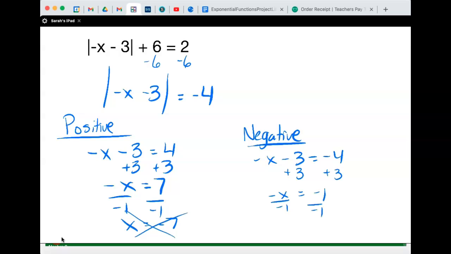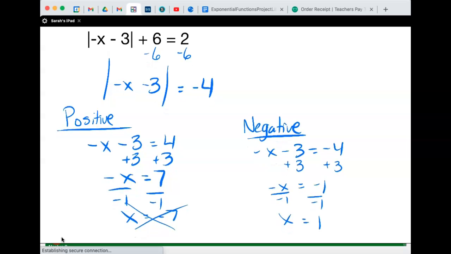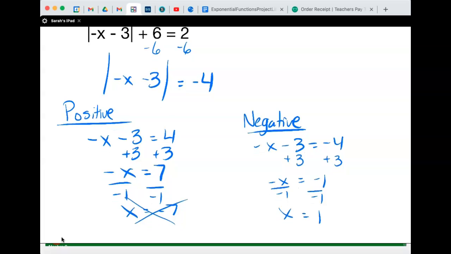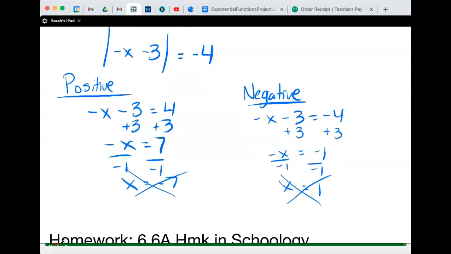Divide. So let's check this one, just to see. So it's negative 1 minus 3, absolute value of negative 4, plus 6. So that one doesn't work either. So since neither of them work, it should be no solution.